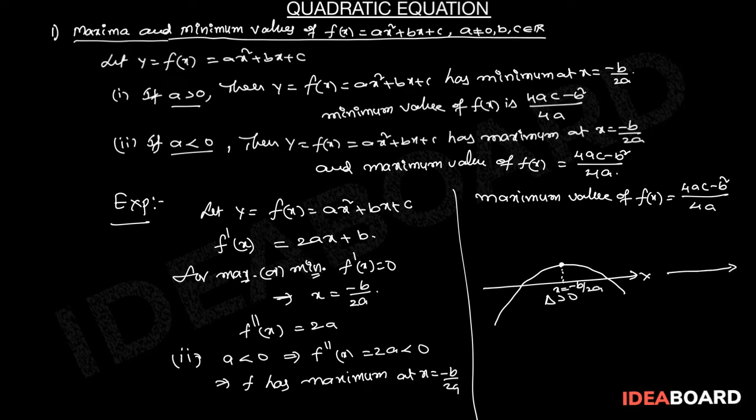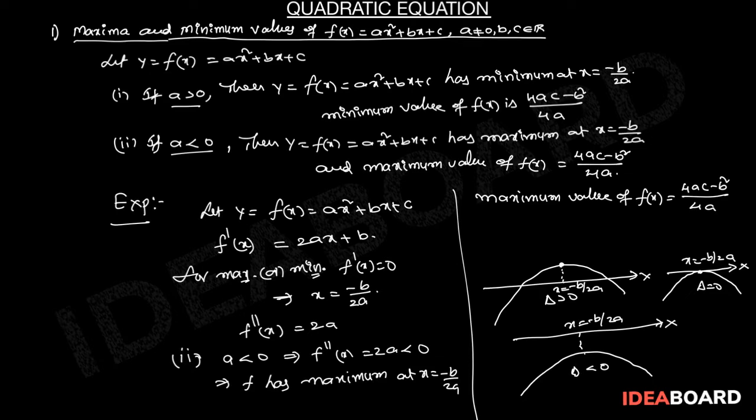If delta equal to 0, it touches the x-axis at a point. f has a maximum at x = -b/2a. And in the delta less than 0 case, the parabola does not touch or meet the x-axis, but it has a maximum at x = -b/2a.